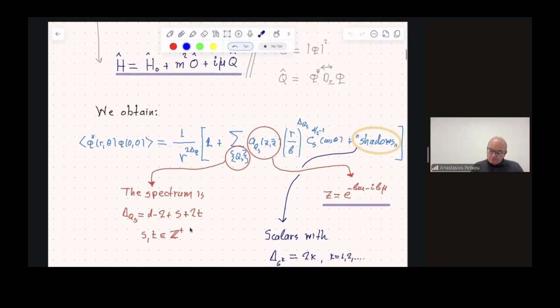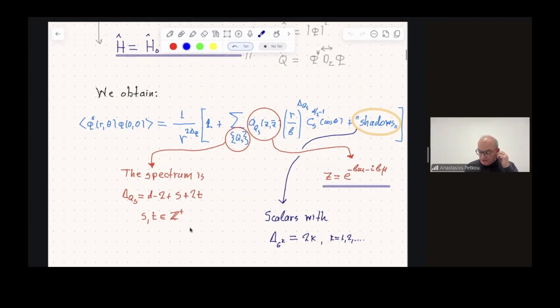Okay, so the calculation can be done. It's not that hard. Many people can do this calculation. In fact, the two-point function is easy to calculate. What is more difficult, but still doable, is to expand it in this Gegenbauer polynomial basis, or in the thermal conformal blocks basis, but it can be done.